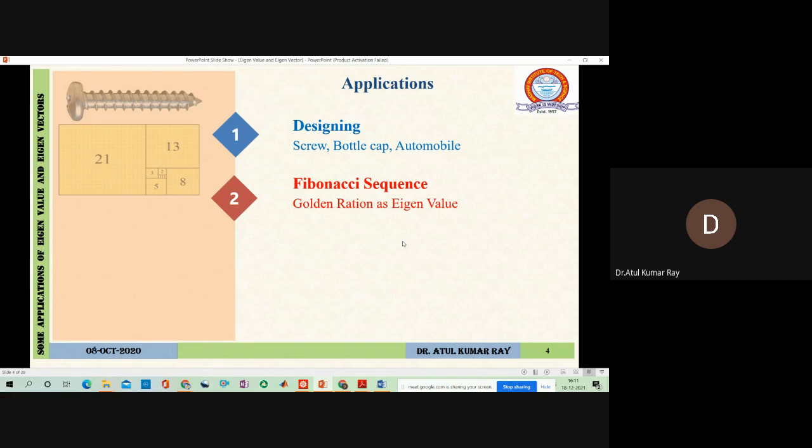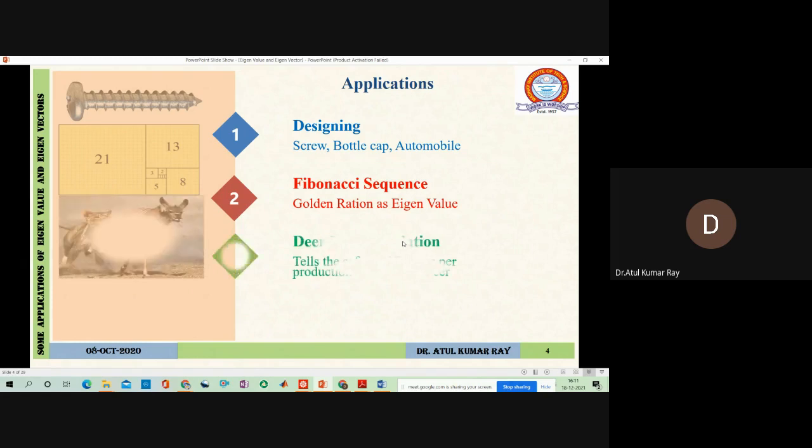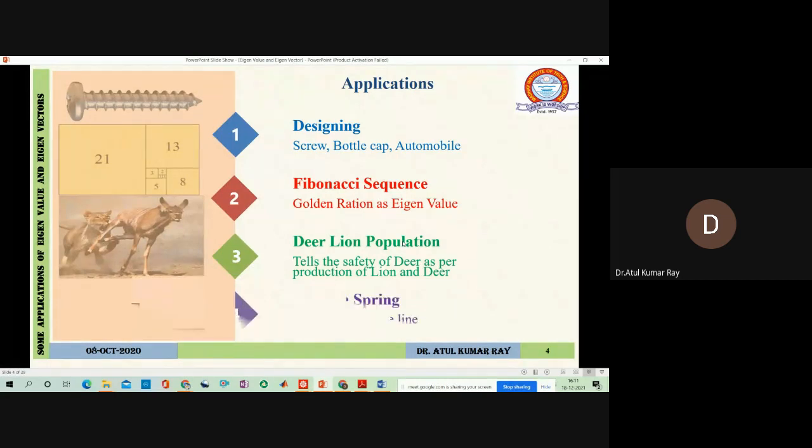You will be fascinated to know how eigenvalues appear in the Fibonacci sequence. It also tells us how many deer are safe and how many are at risk from the lion. We'll see that application too, and more, like mass on a spring, and further examples.